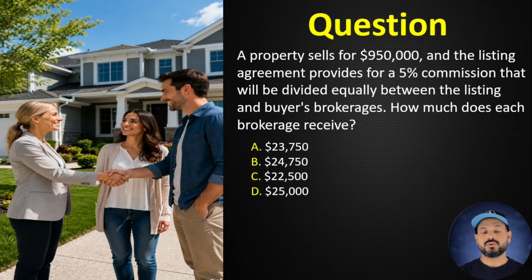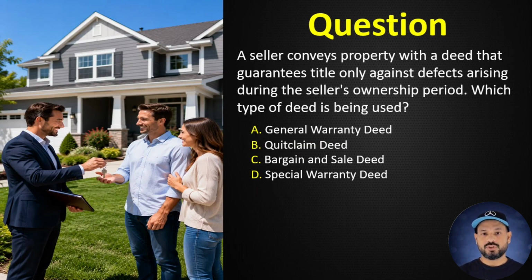C, $22,500. D, $25,000. Correct answer, A, $23,750. A 5% commission is $47,500, split equally into $23,750 for each brokerage.